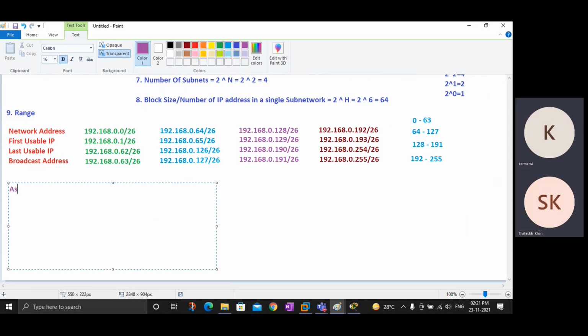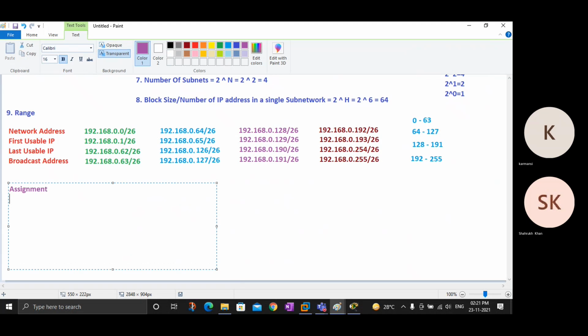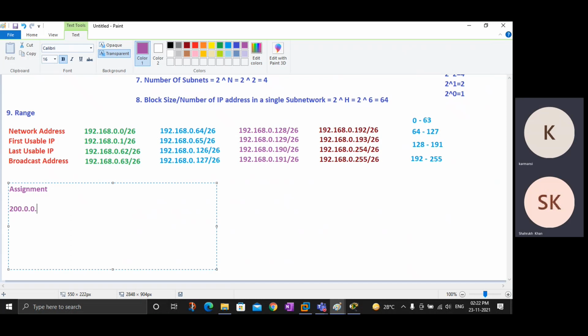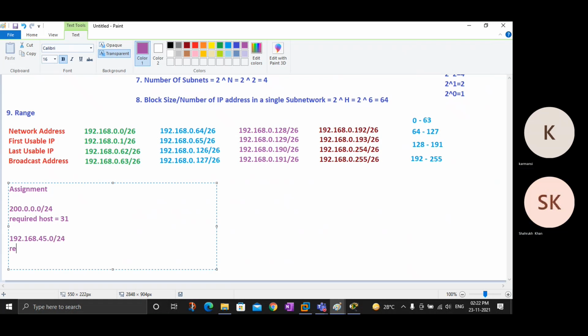And I'm also giving you an assignment. The first network has /24, and the required host value is 31. The second is 168.45.0/20, and the required host is, let's say, 20.